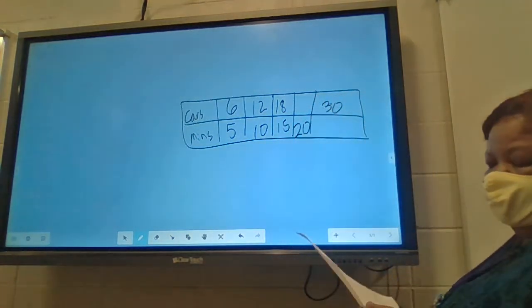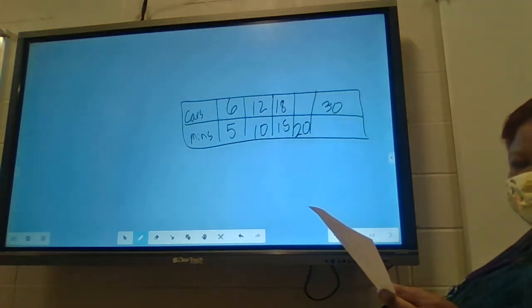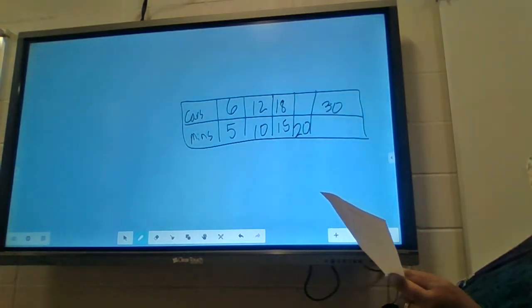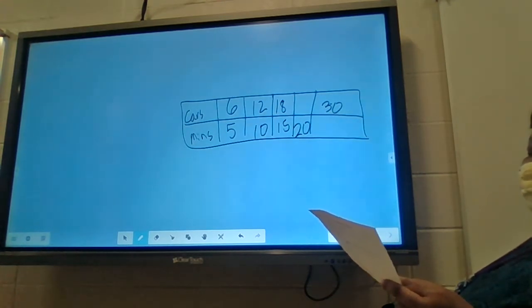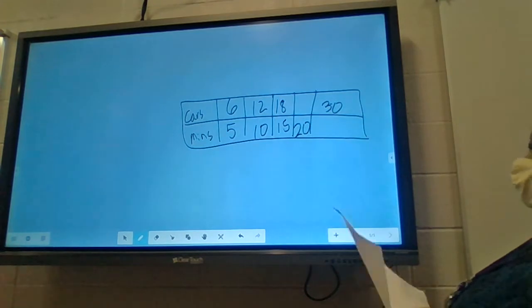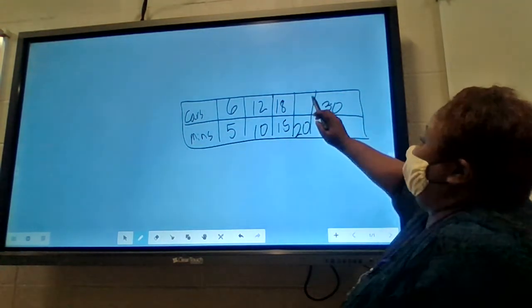Okay, so Asha found that 6 cars passed her house in 5 minutes. Using this rate, she made a partially complete ratio table to show the relationship between time and number of cars. Complete the table. Okay, so you got a blank right here.